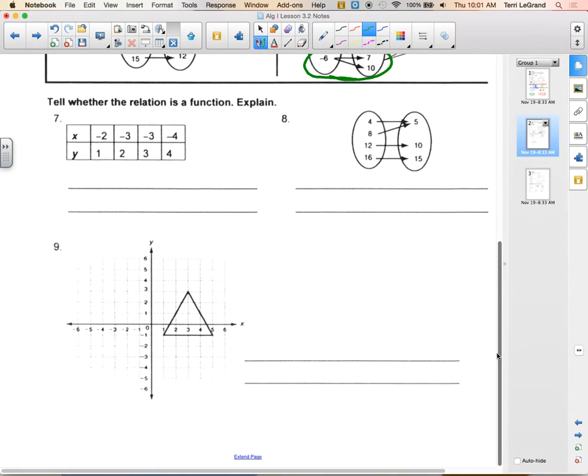Okay, so let's try some of these on our own here. Number 7. Tell whether the relation is a function and explain. What do you think? Is that table of ordered pairs, that relation, a function? No? Why not, Jet? There are no pairs, they're the same numbers. Okay, which x value?